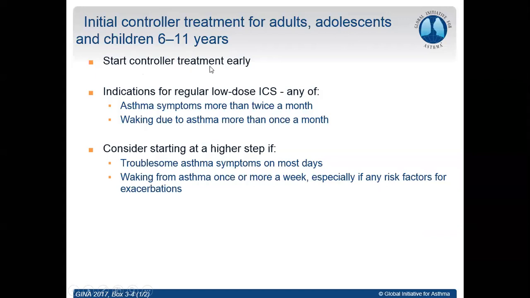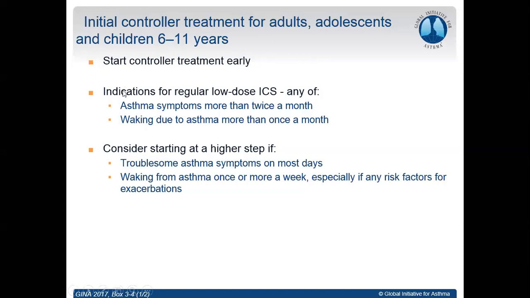Start controller treatment as early as possible, which is nothing but start your steroids, start your inhaled corticosteroids as early as possible. So your threshold should be very low. Do not say, okay, we'll wait for another 1 year, we'll wait for another 2 years. No, start your controller treatment as early as possible. It is going to reduce your exacerbations. It's going to reduce your admissions to the hospital.